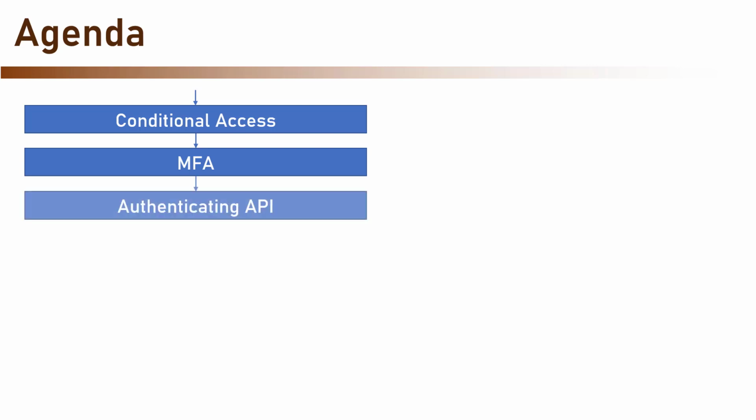After that, we are going to talk about authenticating API. So not only how to authenticate user-facing web apps, but also how to authenticate access to API. And that will conclude our discussion around Azure AD.